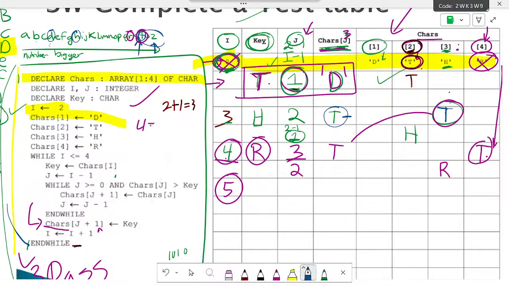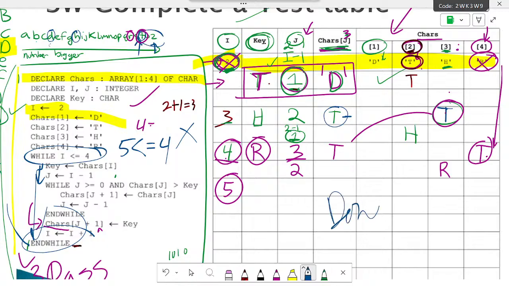Right here is the beginning of the code. It's when I is 5. Is 5 less than or equal to 4, Chad? No. If this is not true, do I need to do this code? No. So we are done. Success.